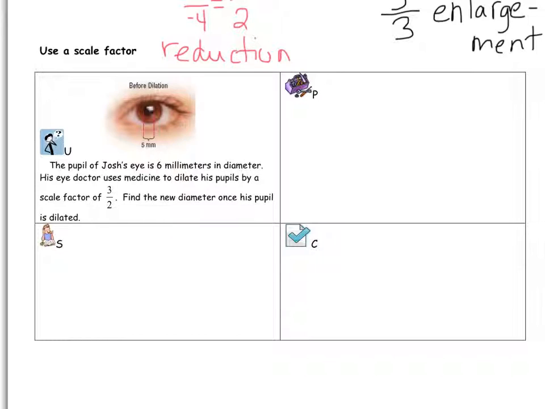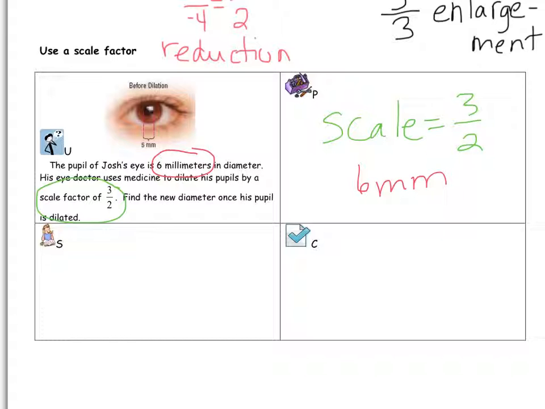So basically we're doing kind of like what we did for the front. We're using our scale factor, which is 3/2. And the other information we need is how big his eye is right now, which is 6 millimeters. And so all we've got to do is multiply 3/2 times 6 will give us 18 halves, or 9.